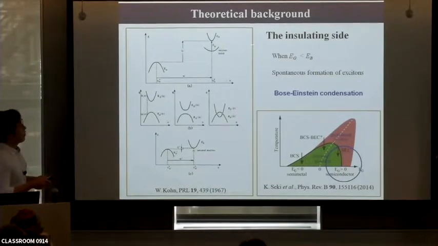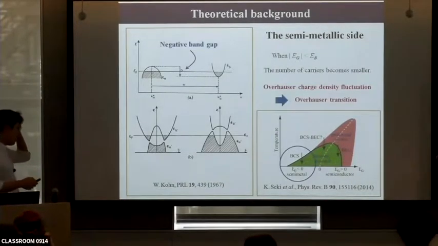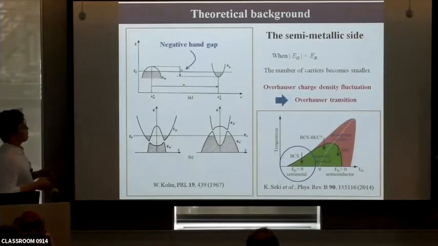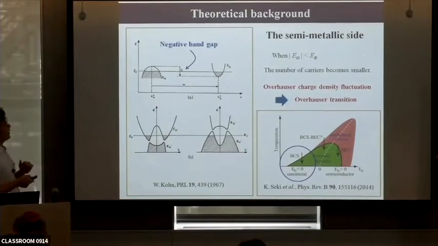On the insulating side, the excitonic condensation can be described by Bose-Einstein condensation. This excitonic insulator could also be realized in a semi-metallic system. On the semi-metallic side, the band gap is simply replaced with a negative band gap. Again, when the band gap is smaller than the exciton binding energy, the excitonic instability happens.